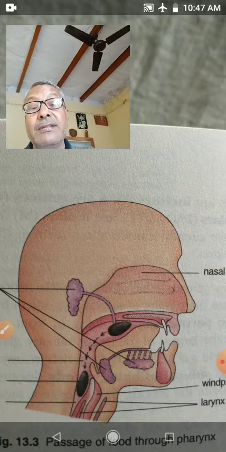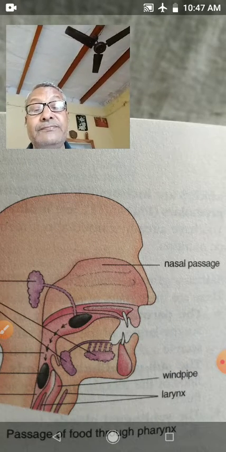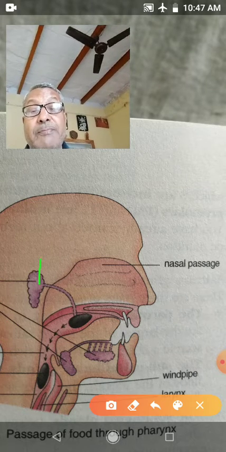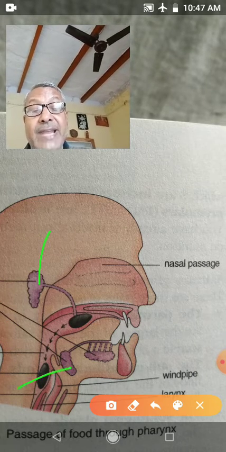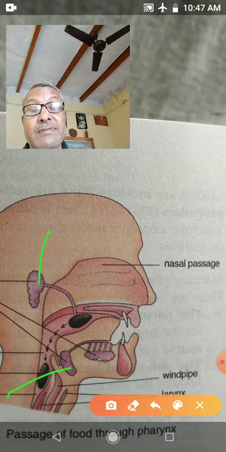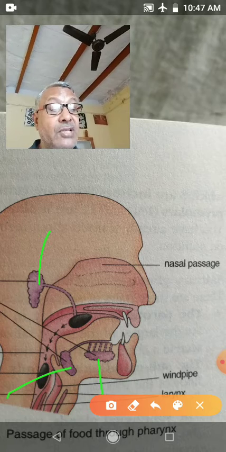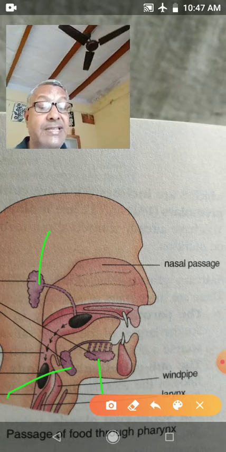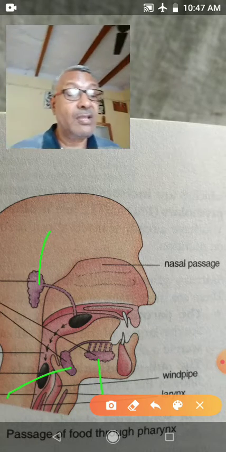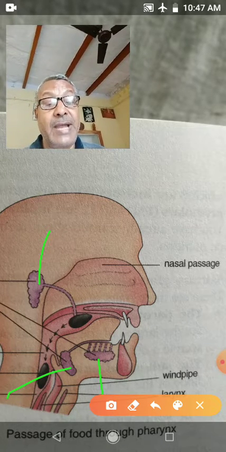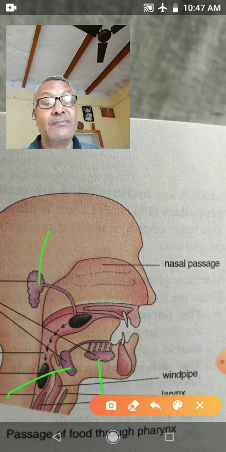This is the parotid gland, submaxillary gland, and sublingual gland. The secretion of these three glands is saliva. Saliva contains the enzyme salivary amylase, and mucin.